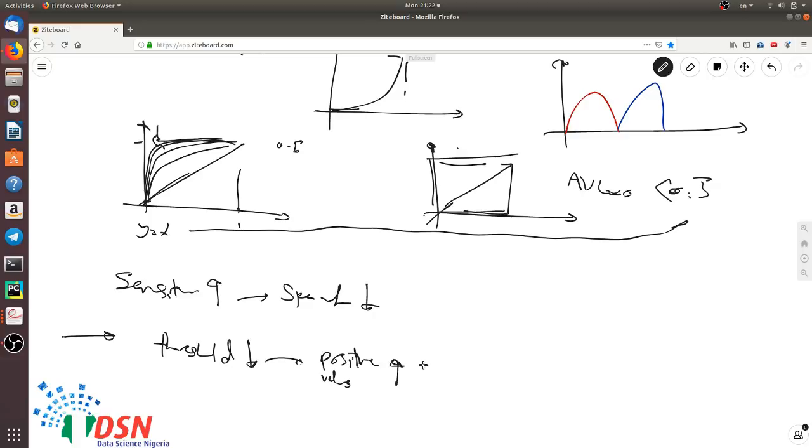So the specificity decreases, and so sensitivity increases. And similarly, when you increase the threshold, you have more negative values, so the sensitivity decreases and specificity increases.